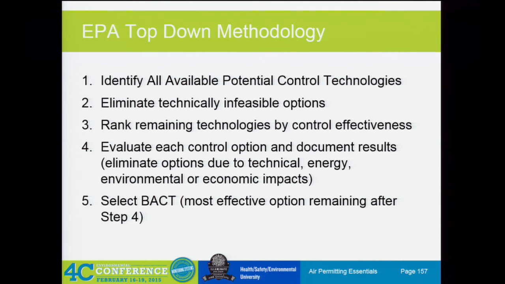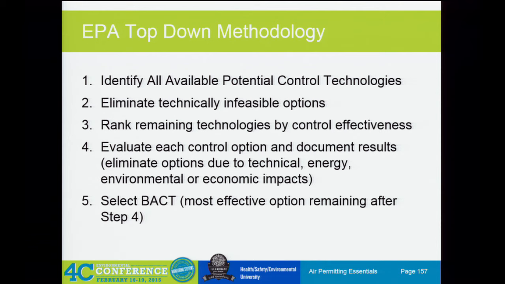Flares will typically be 98%. We talked about those earlier on in the calculations. You'd rank them by their destruction removal efficiencies, or in the case of a scrubber, removal efficiency, from the one that could remove the most VOCs to the one that removes the least. So once you've done that, you evaluate each control option and document the results.